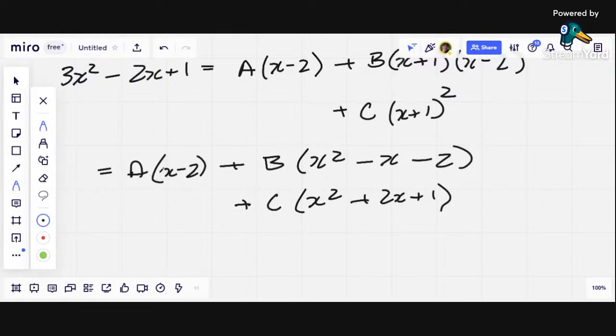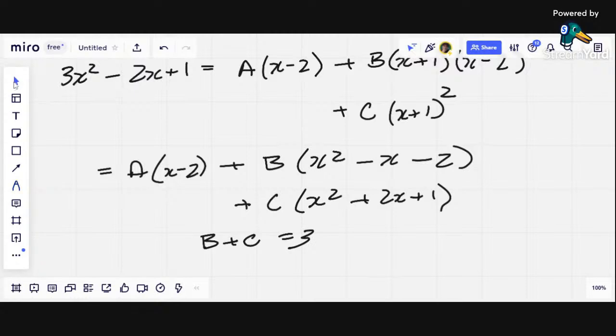This a isn't going to have an x squared. This b is going to have an x squared. The coefficient here is 1, and the coefficient here, if we were to multiply all this, we'd have the coefficient of 1 that we'd have to deal with. So we've got b plus c. That gives us our x squared coefficient, which is 3.